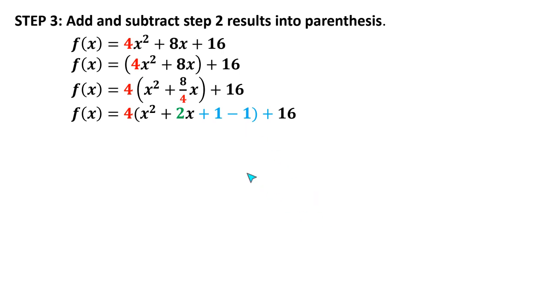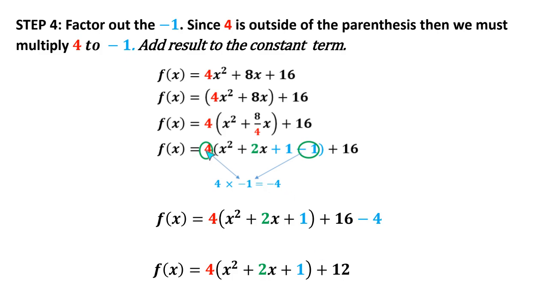Okay. So now what we have here is our polynomial. And what we want to do next, and it sounds silly, is remove this negative 1. So you might be saying, well, didn't we just put it in the parentheses and now you want to take it out? Yes. And you're going to see why in a second. Now to remove it from the parentheses, we have to consider that there's a 4 in front.